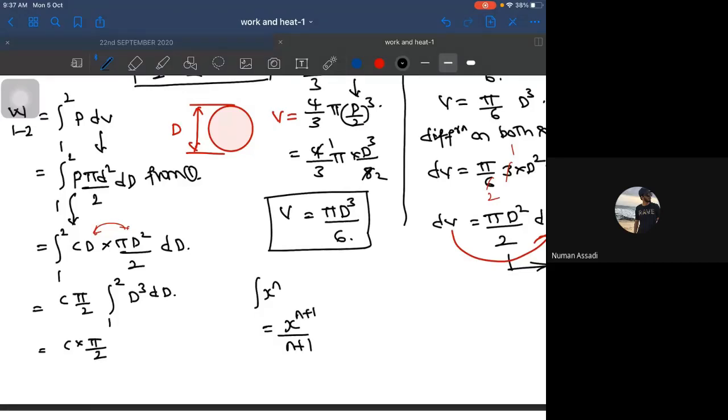Now here it is integration of d cube. What will be the integration? d to the power of 2 plus 1. Here if it is n, it is n plus 1. Here if it is 2, it is 2 plus 1. Here if it is 3, then it is 3 plus 1. So what's your answer?